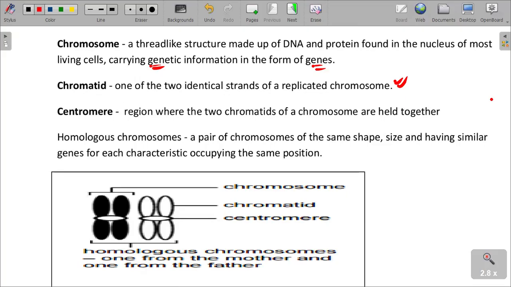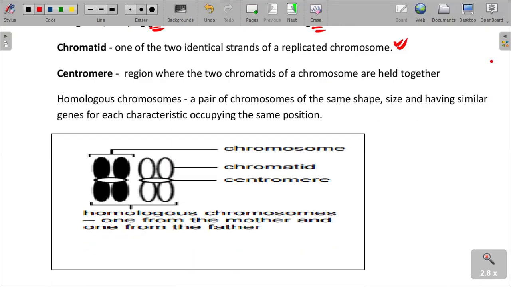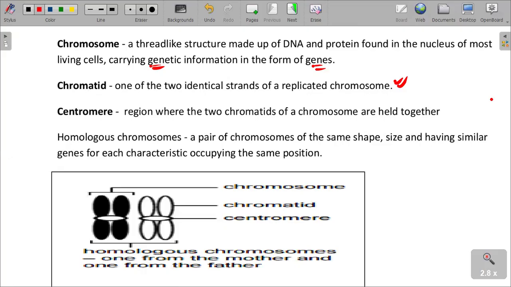Centromere. If you check here, chromosomes are long protein-like structures. When such a structure is formed, it identifies two chromatids that are joined together. When two chromatids are joined together, they form a chromosome.